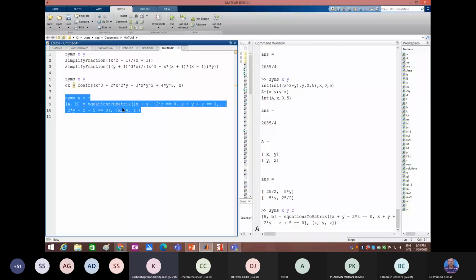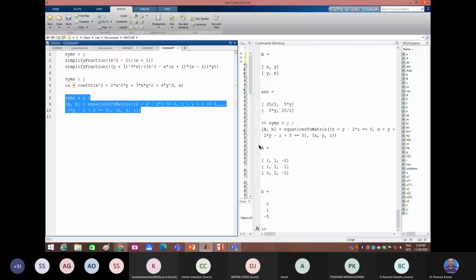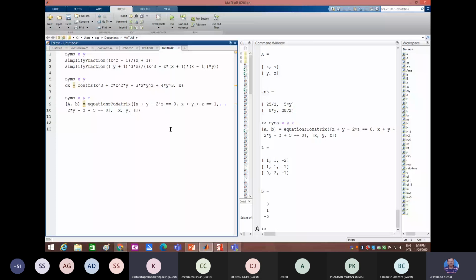Just see here A and B. If you take the inverse of this and multiply with this, you will get the xyz values. Or B and one slash command is there, and A. A and B will give the xyz values.